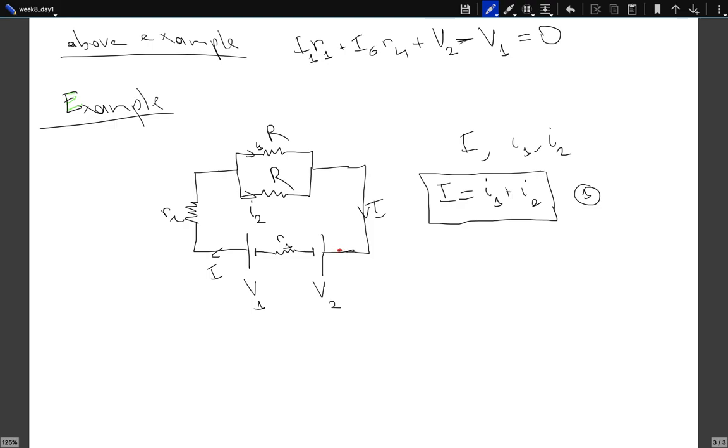Now let's go around this loop. Let's start from here. Let me use that loop. And let's go around that loop in this direction, in the direction of the current I. Zero equals, let's start from here.